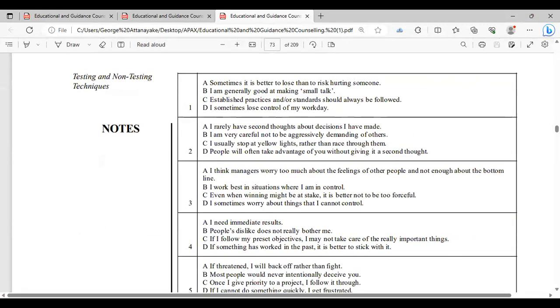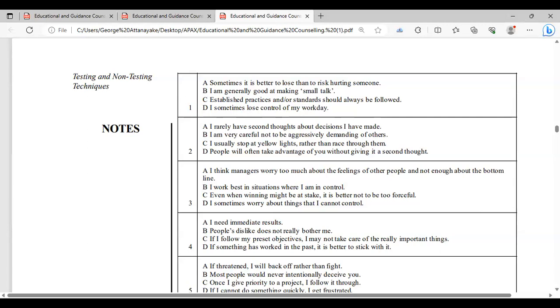Now here it shows, sometimes it's better to lose than to risk hurting someone. So it shows our soft skills. Sometimes, without hurting other people, we get hurt ourselves. So we lose certain things, but we don't like to hurt others.